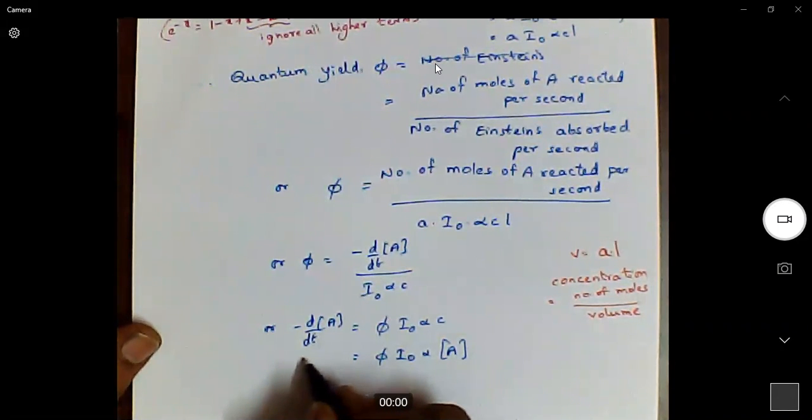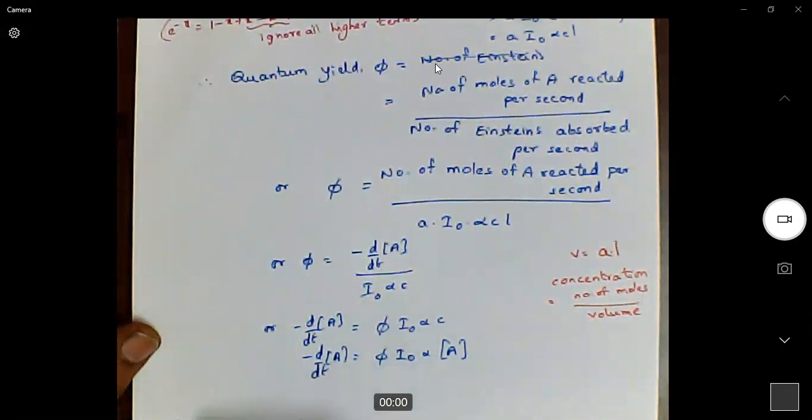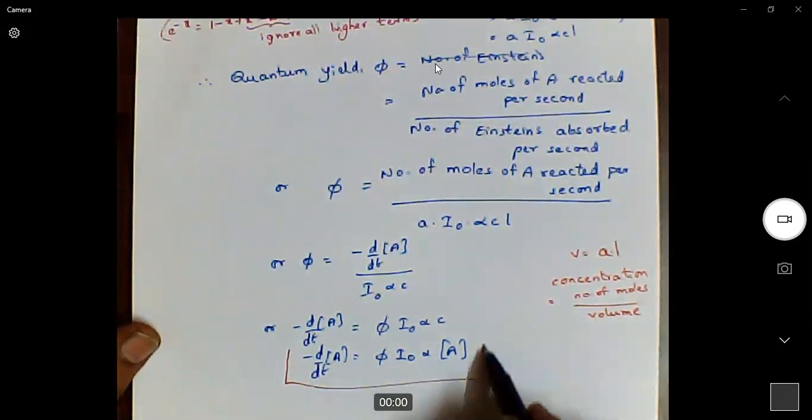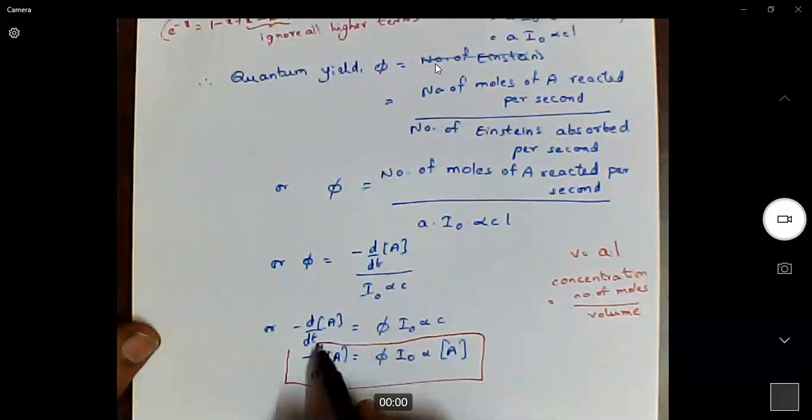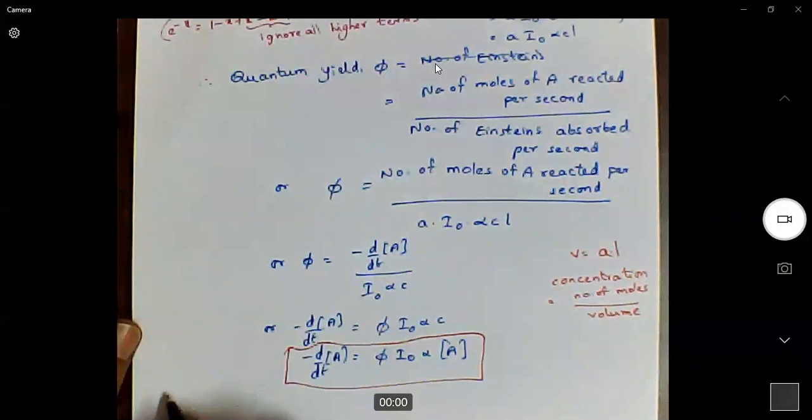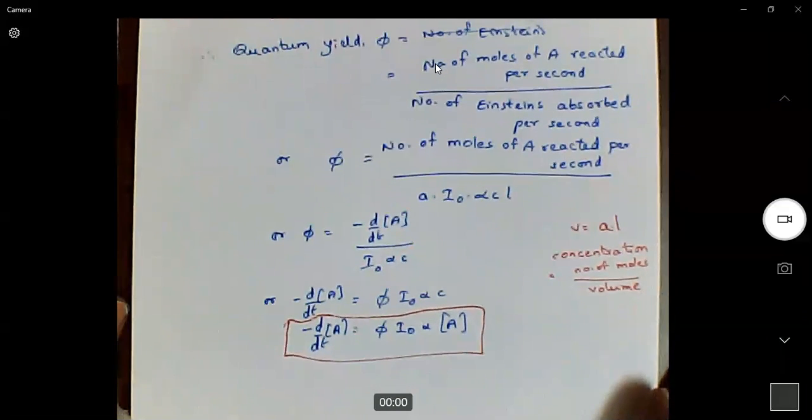This is the final expression for kinetics of photochemical reactions.